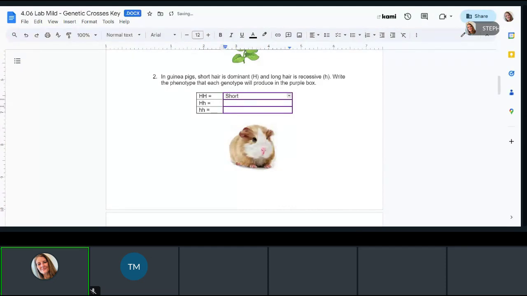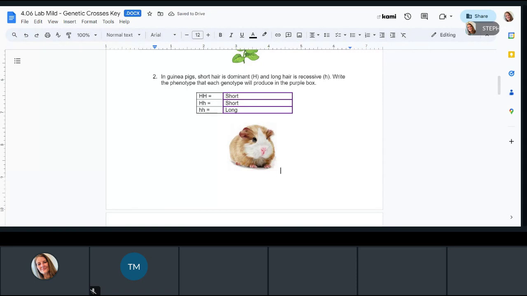Yep, so we have short hair, short in the middle. And what about the bottom one? Long on the bottom.